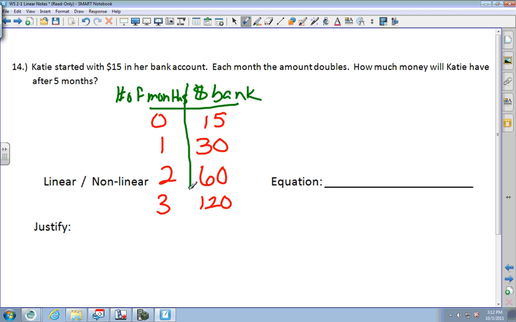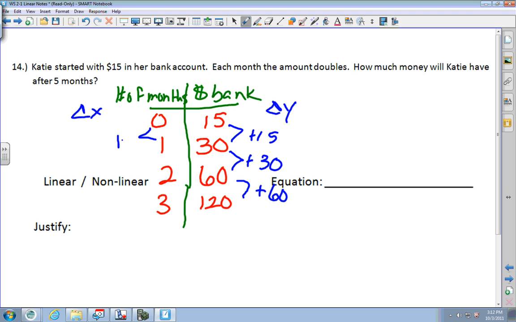Okay, so let's see about delta y over delta x. If I do delta y right here, plus 15, this one is plus 30, and then I have plus 60. Then delta x is plus 1, plus 1, plus 1.